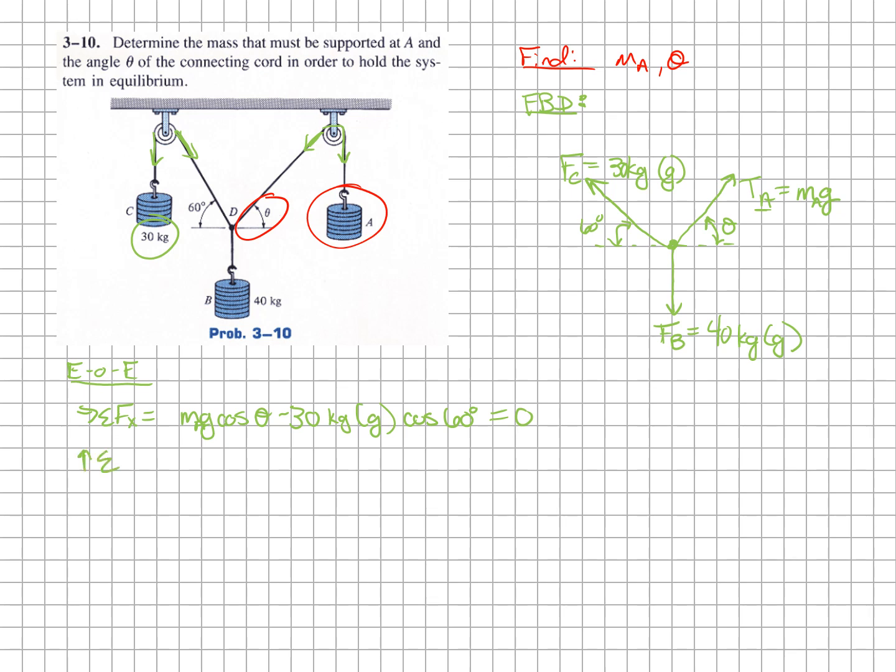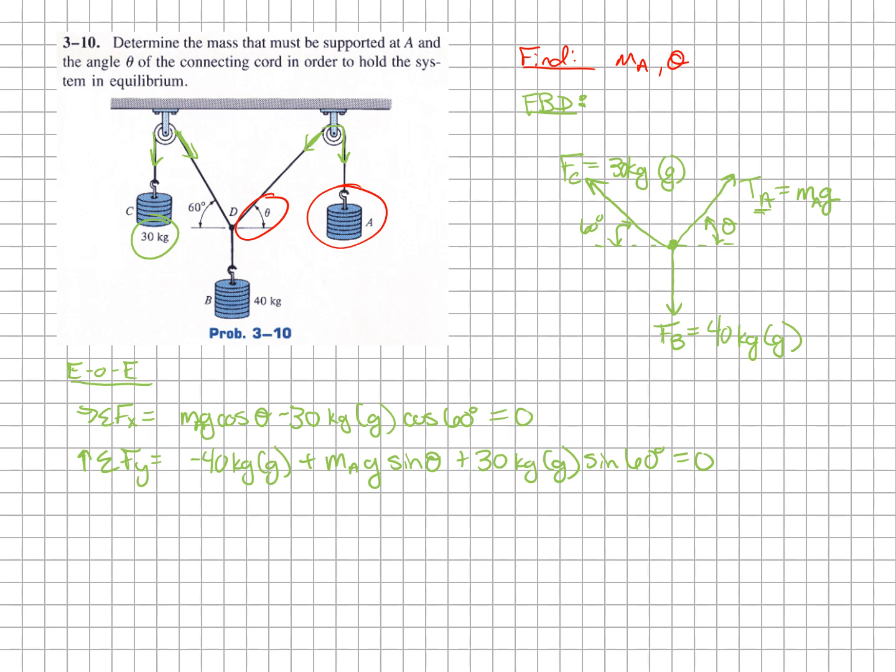Then in the y direction, I will have negative 40 kilograms times gravity for my weight at B, plus mAg times the sine of theta, so the y component of the force TA is the sine of the unknown angle theta, plus 30 kilograms times gravity times the sine of 60 degrees is equal to 0.